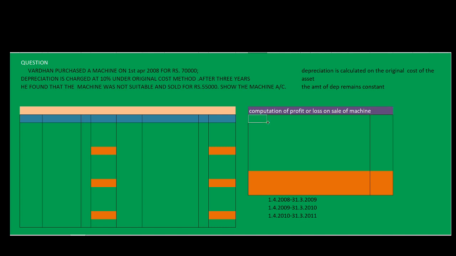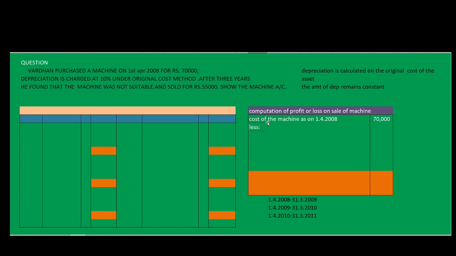First of all, we should consider the cost of the machine as on 1/4/2008, the date on which we purchased it. On that day the cost is 70,000 rupees.